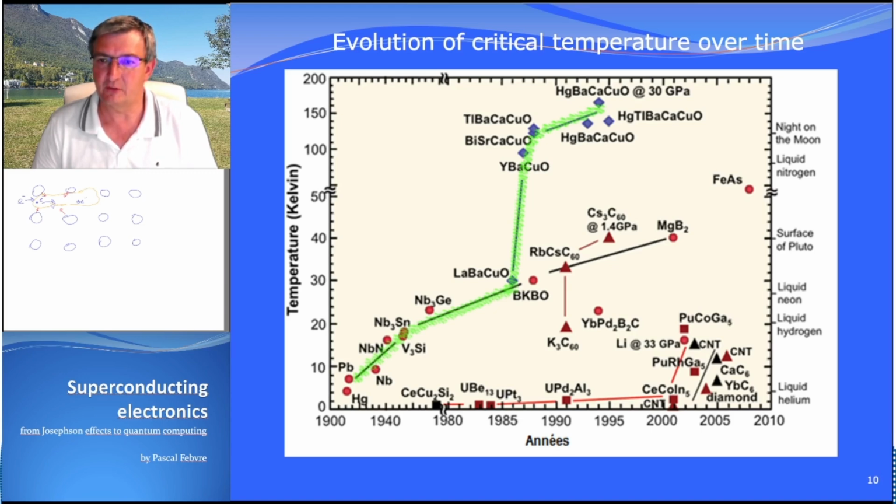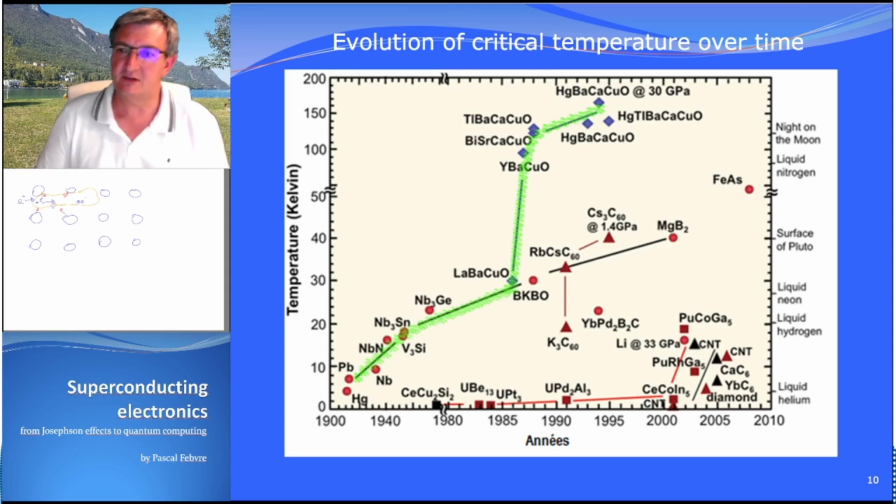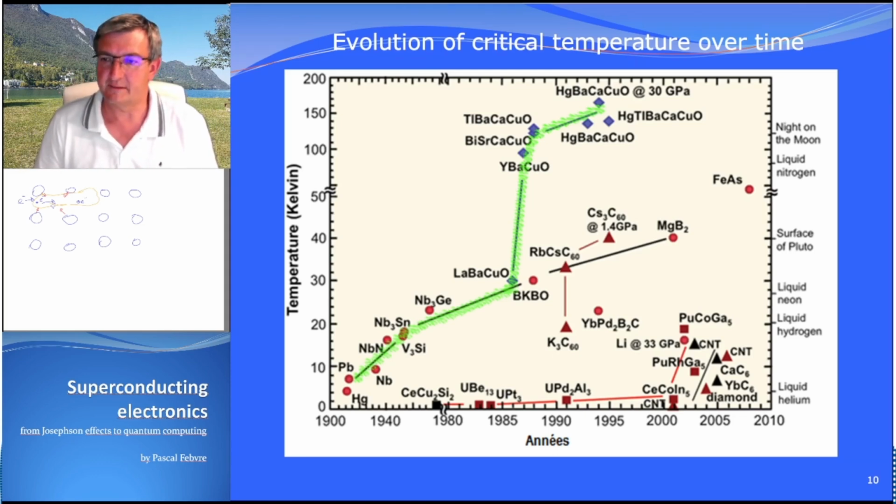You can see you have copper oxides for all these materials. Other materials with low Tc are still being discovered, and more recently new materials such as steel alloys. That was a big change for superconductivity.